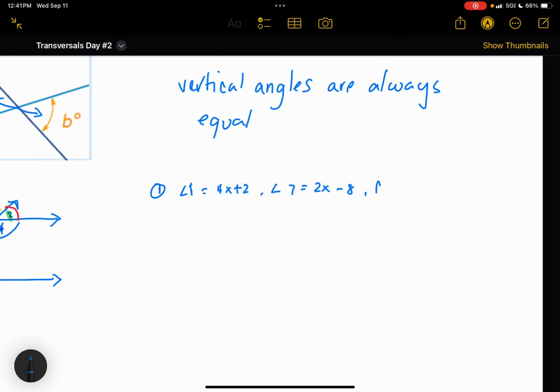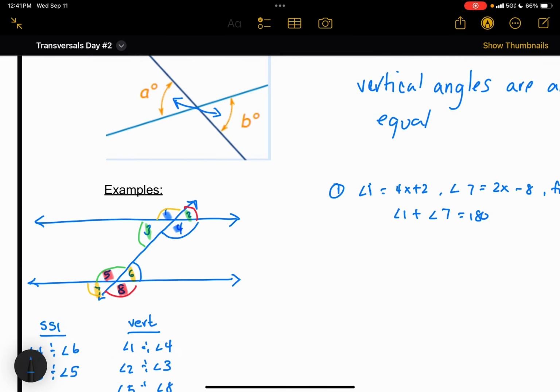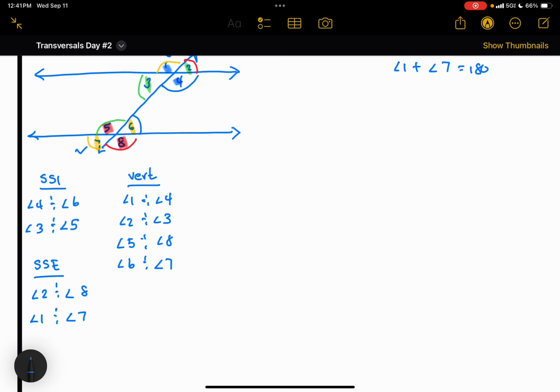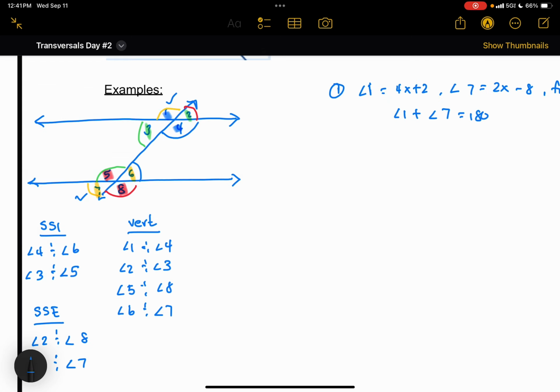We want to find x. All right, so I can say that angle 1 plus angle 7 have to be 180 degrees, because if I look over here, angle 1, that's this one right here, and angle 7, those are listed as our same side exterior angles, so we know they have to add up to 180 degrees, right?